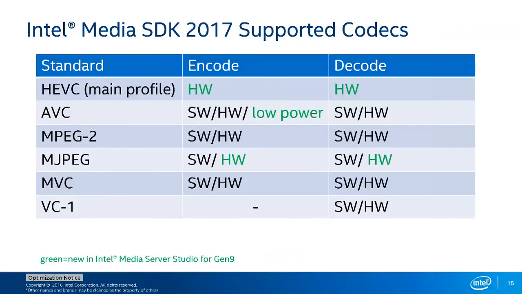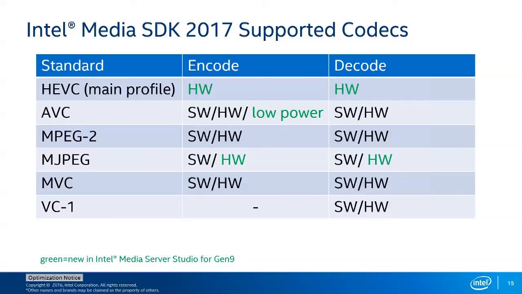So just looking at the codecs that are provided and the new components that you get in Skylake as enabled by Media SDK 2017. So we now have a fully hardware accelerated HEVC, and so the big news is we've got the hardware acceleration that will give you some great performance.